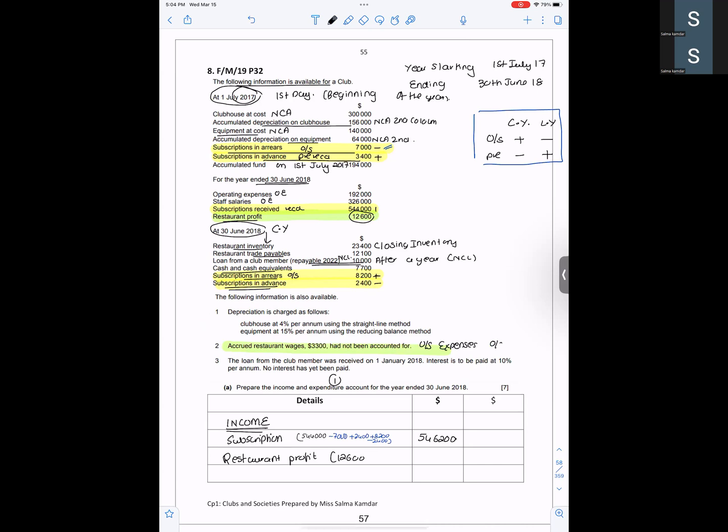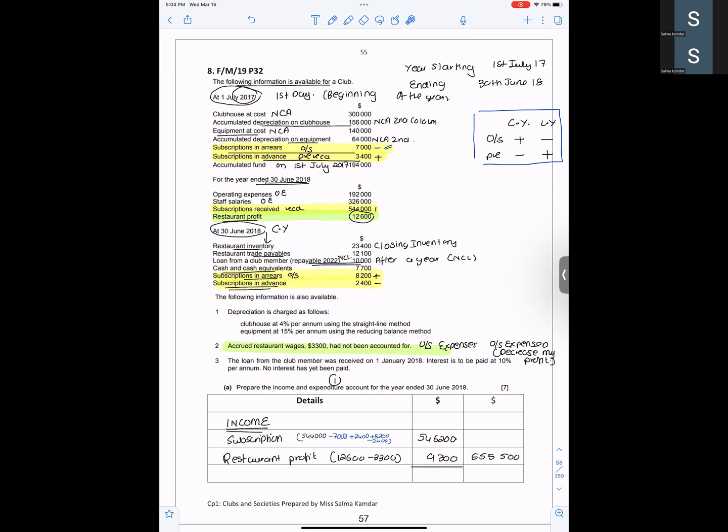So these outstanding expenses of the restaurant, what will it do to my profit? Will it increase my profit or will it decrease my profit? So these outstanding expenses will decrease my profit. So I will decrease my profit by 3,300. So it becomes 9,300. Any other income that I can see? I cannot see any other income. So it becomes 555,500. These are the incomes.